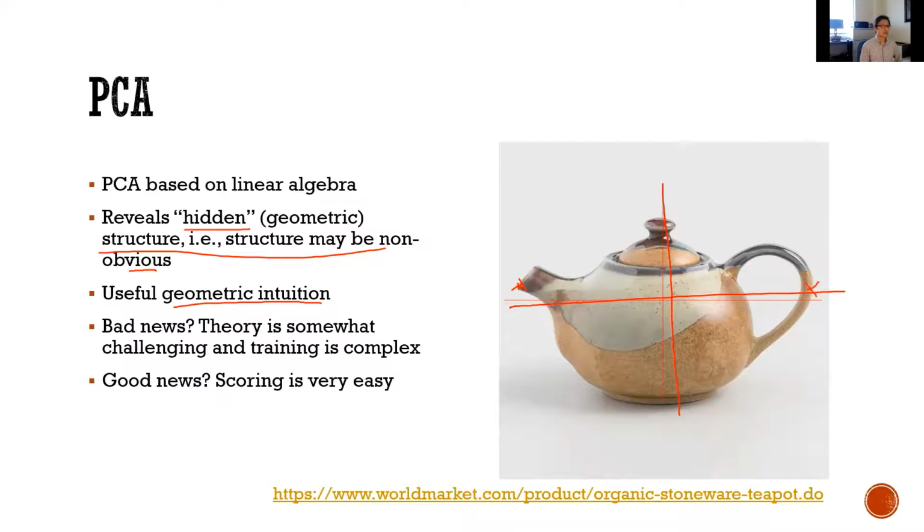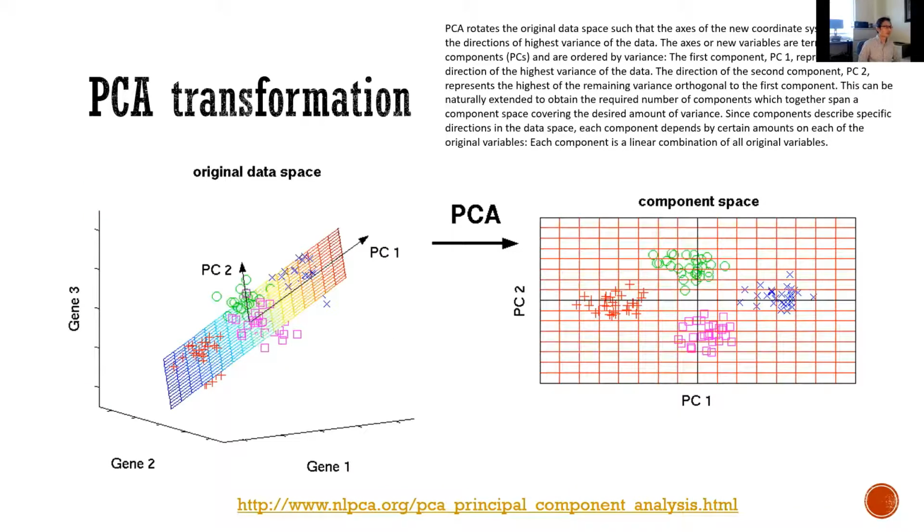PCA is an analysis that tries to learn from your data points and find this axis. So this is a PCA example to learn from three-dimensional data points and try to find this new coordinate system to show data points using two dimensions.